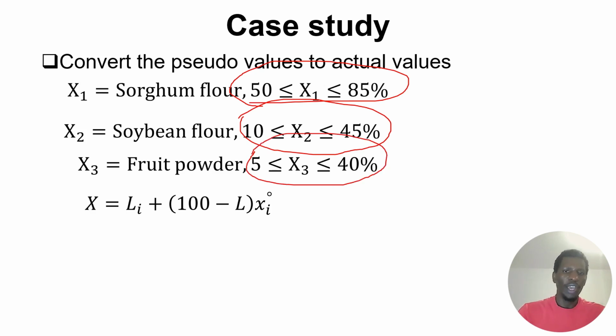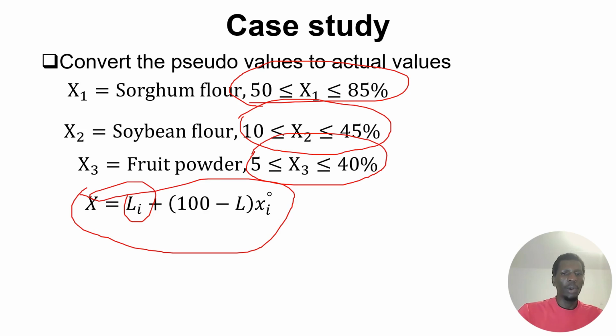To do this, we have to consider using this equation. L of i here is the lower limit of component x of i. If i equals 1, then L of i here will be equal to 50. If i equals 2, then L of i here will be equal to 10. If i equals 3, then L of i will be equal to 5.